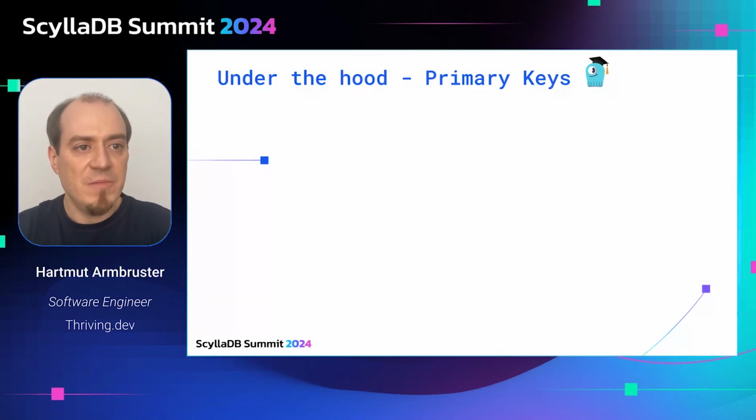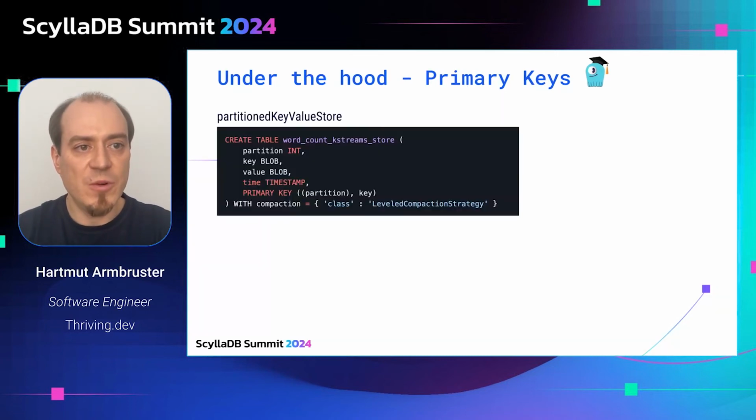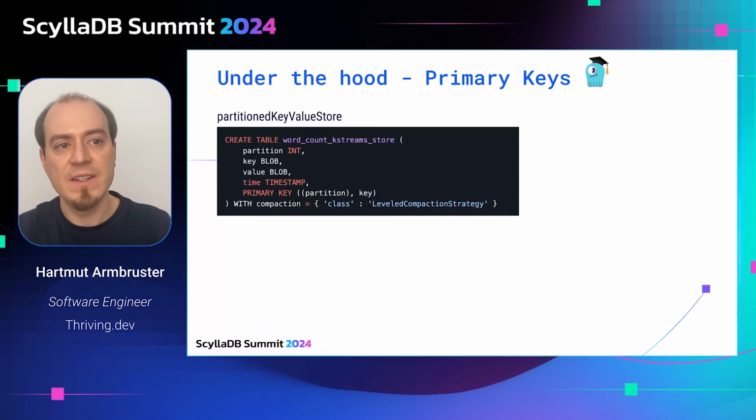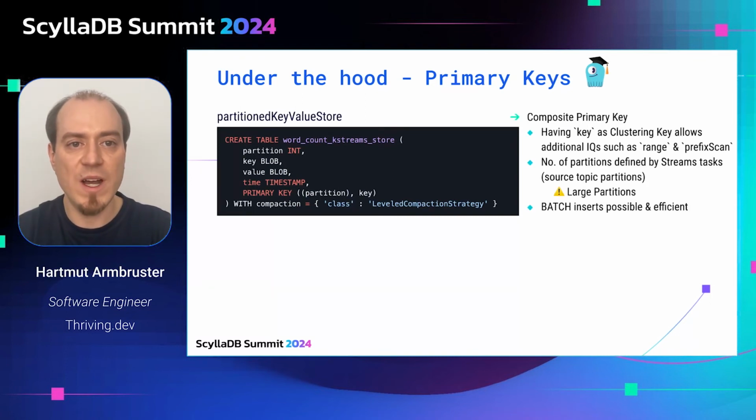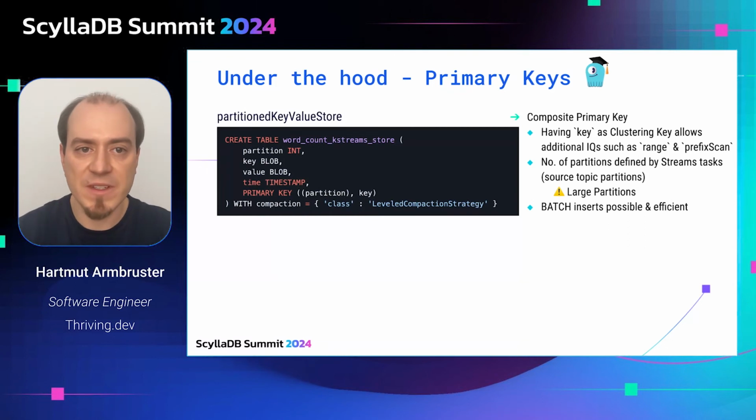A second detail I want to showcase is looking at the primary keys. Here's the same create table definition for a partitioned type key value store, where our primary key is a composite key using the key.